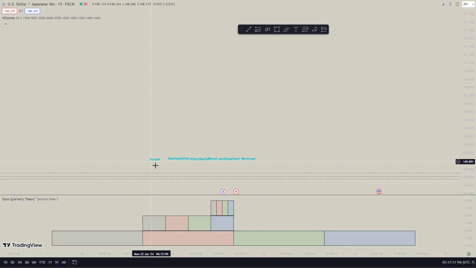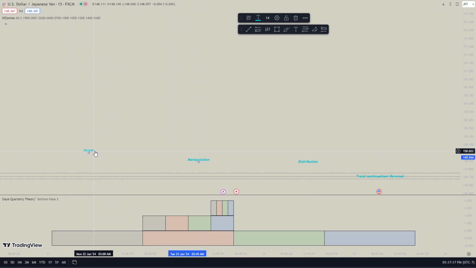So a lot of times what you'll see sometimes is price do this. Maybe not a lot of times. You'll see this sometimes. I'll not say this always. But if on quarter one we see something like trend continuation or a reversal and zero accumulation on this phase, then we can expect the next one to switch around, okay?